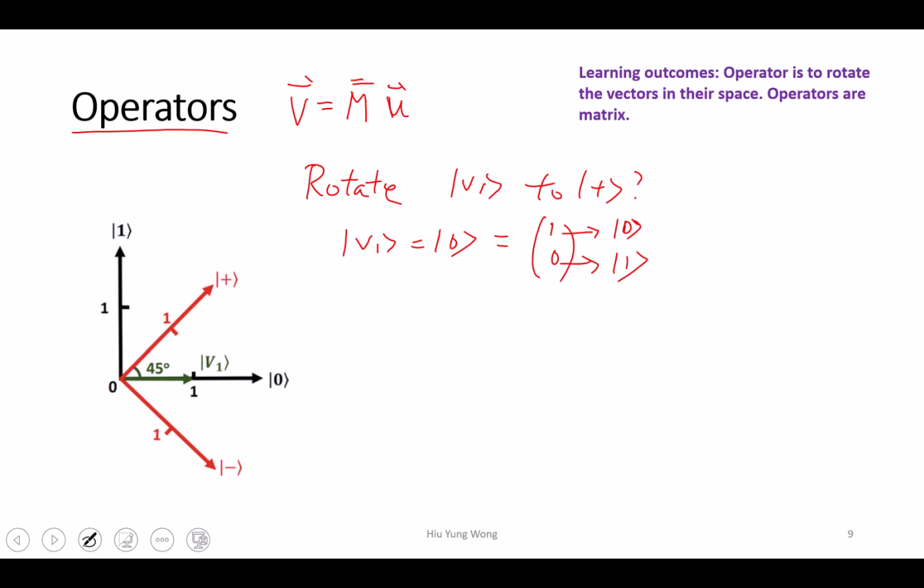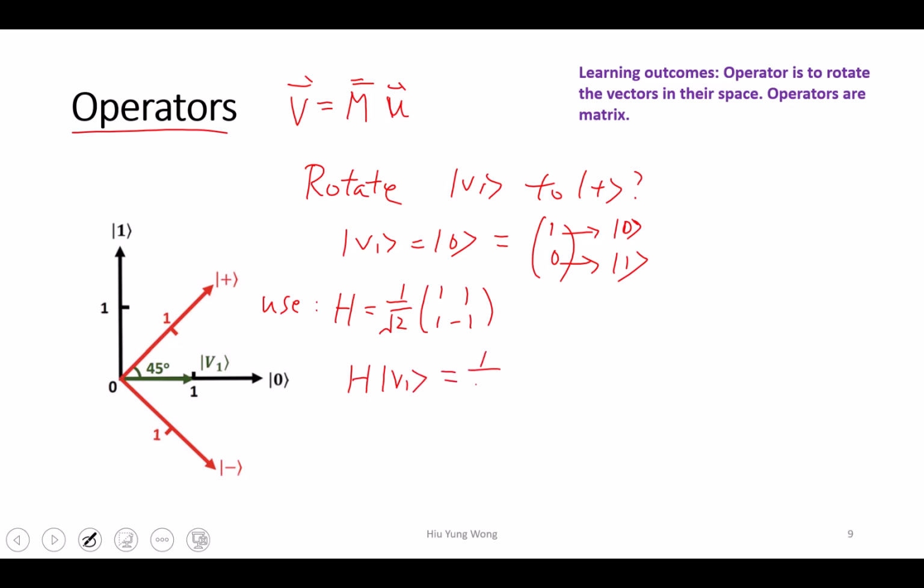Okay. Now, how do I rotate it? I suggest that I can use a matrix called H, which you will learn later, the Hadamard gate. But it's just a matrix. It really doesn't matter what it is now. And let's try how we do the rotation. I apply H to V1.